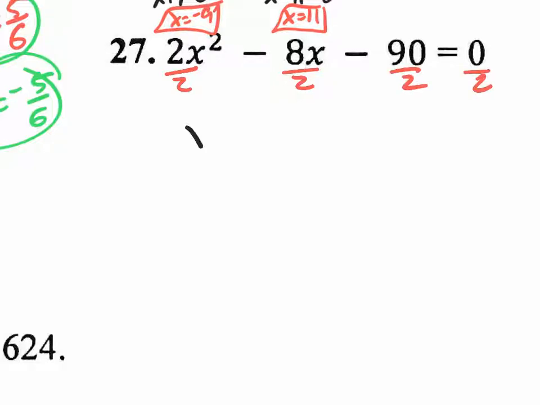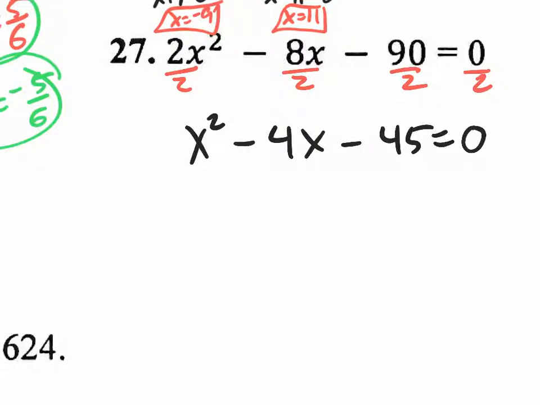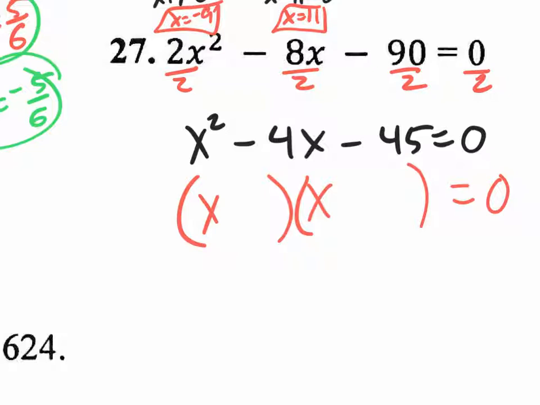That way you end up with x squared minus 4x minus 45 equals 0. And now you have the standard form quadratic trinomial with the a value of 1, which means you'll be able to set that up. And then think what times what is negative 45, that if you combine together is negative 4. It'll be factored, you split it, you solve it, you're good.